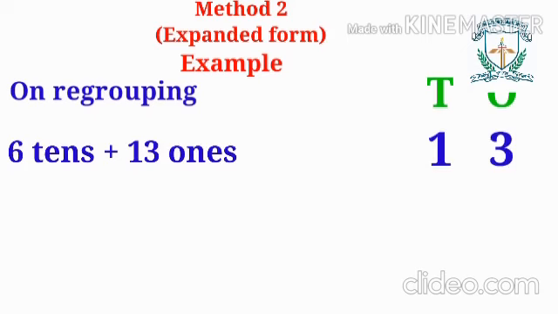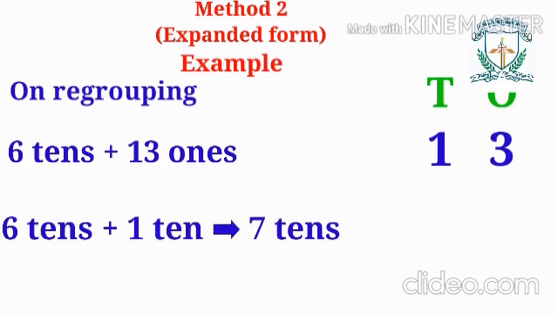So we have to group and add both the tens place digits. Then we will get 7 tens and the remaining digit 3, which is there in ones place, must be written as 3 ones.